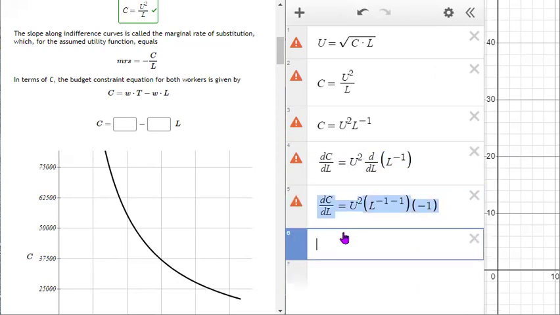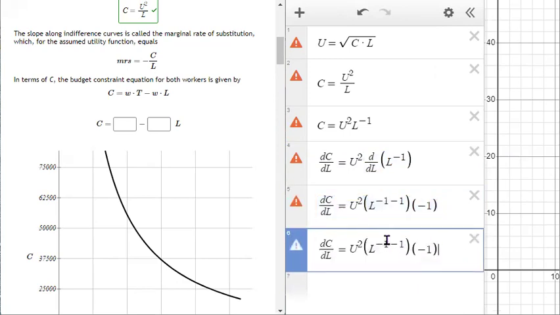Now we can simplify. I'm going to rewrite this. So L to the minus 1, that's L to the minus 2. And I'm going to multiply that by U squared, right? Then a minus 1 times this, well, that just makes the whole thing negative, right?